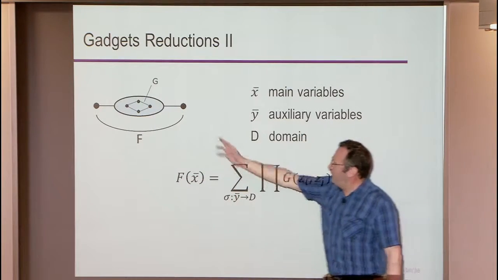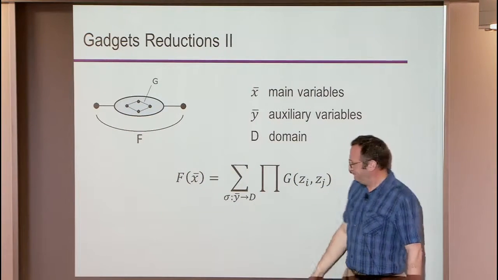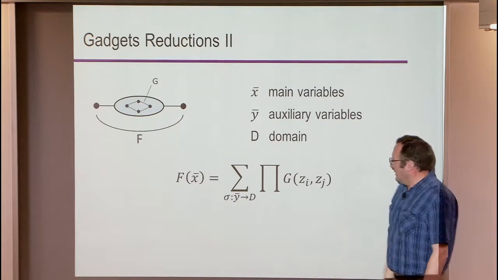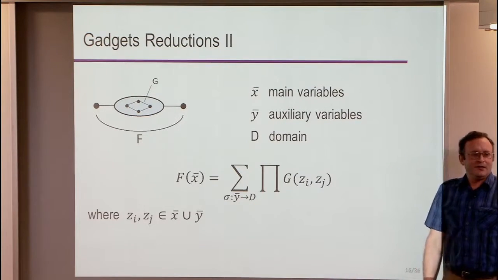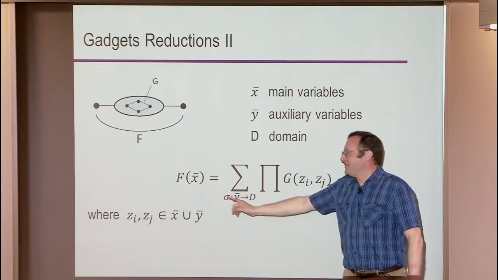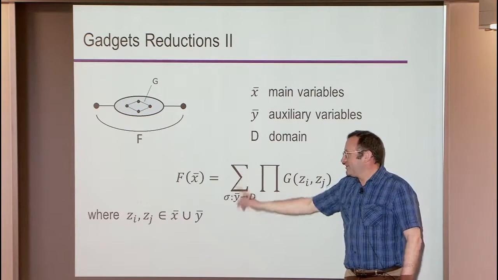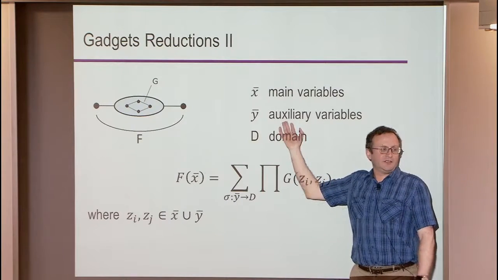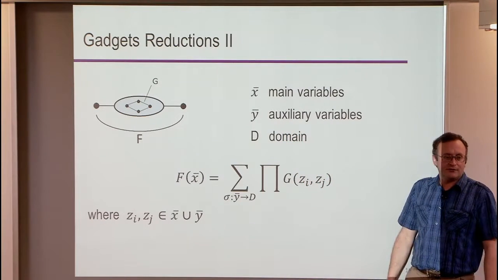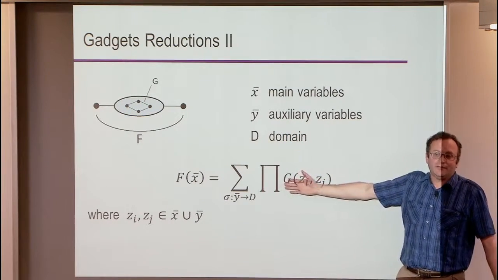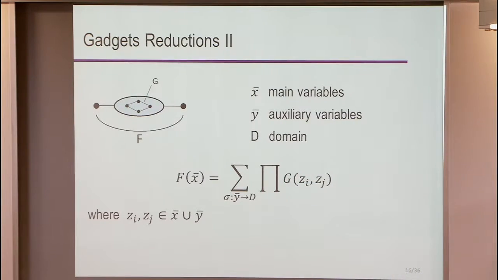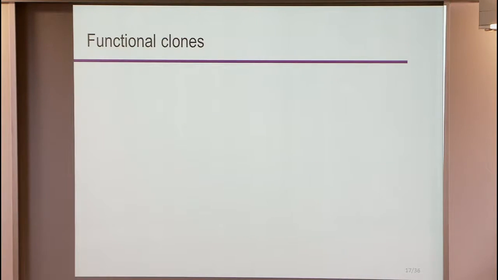I fix the values of the portals, and then sum up all the possible extensions to the auxiliary variables. Well, I definitely compute some function, and this is what I express using the gadget. Okay, not a small example, a little too early.